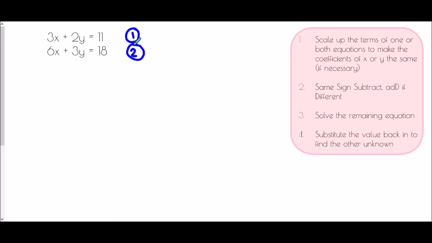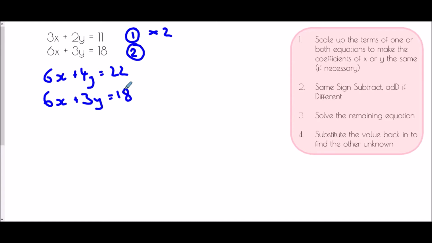And in this case, if we look at the x's, if I multiply the first equation by 2, then I would get 6x plus 4y equals 22. And what that would mean is that I now have 6x in both cases. And so I'm just going to now remove equation 1 and bring back equation 2.